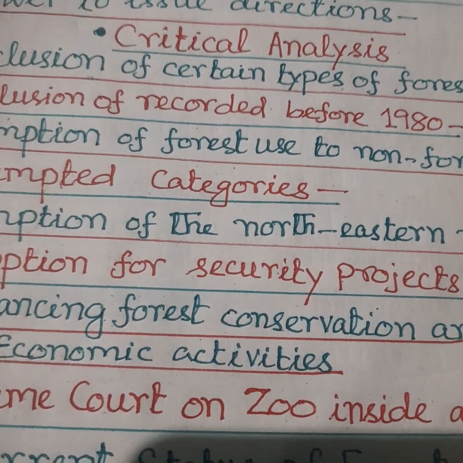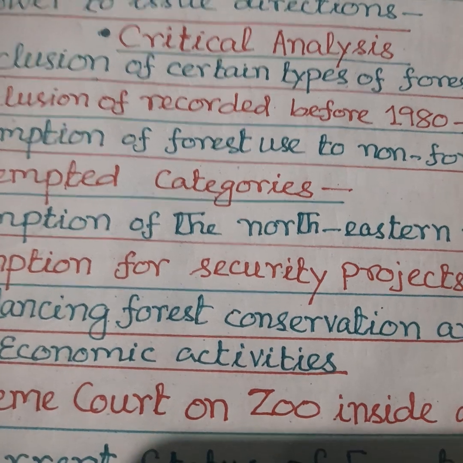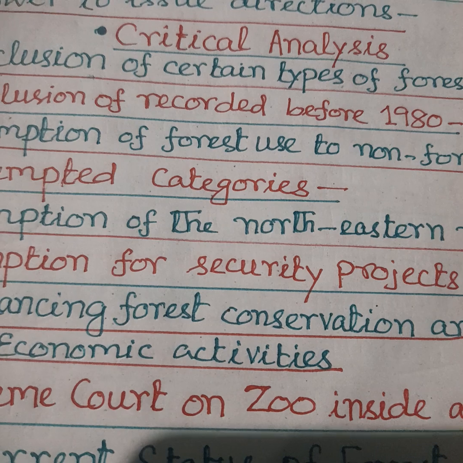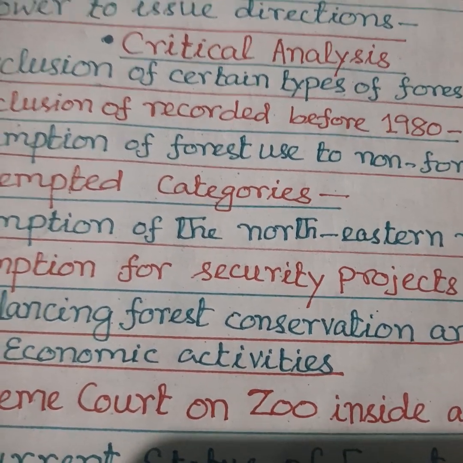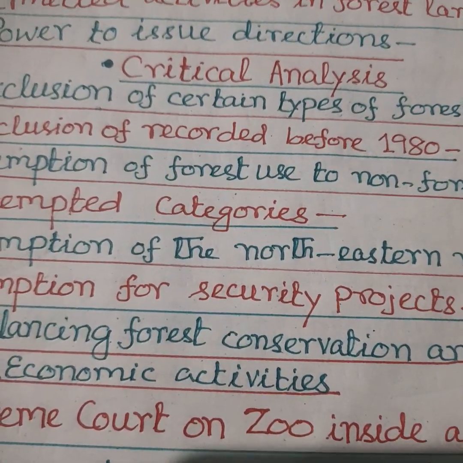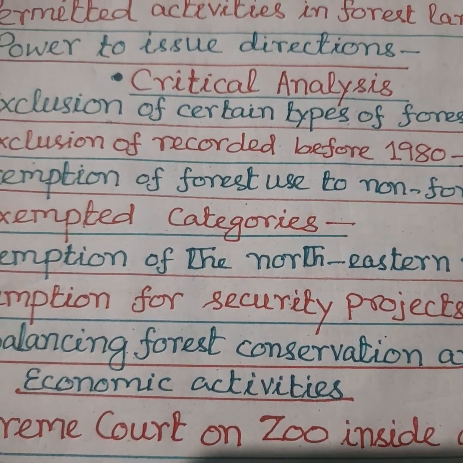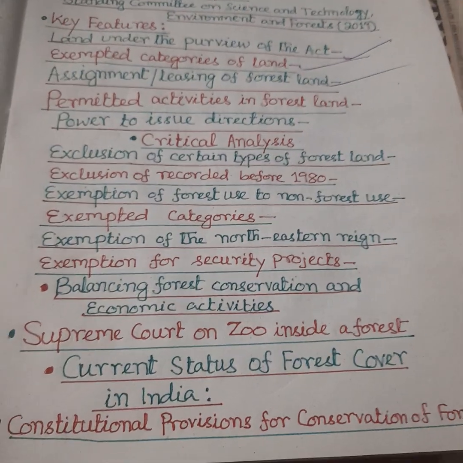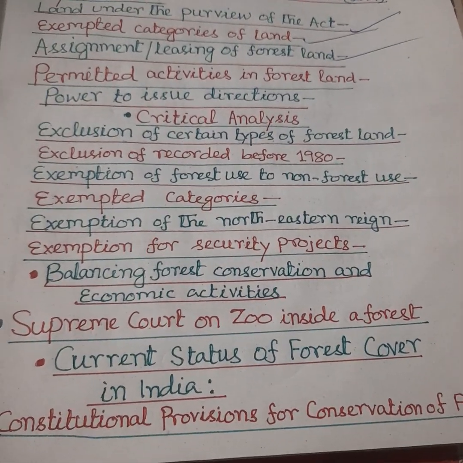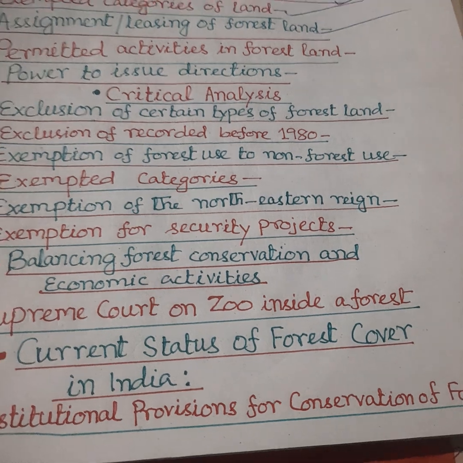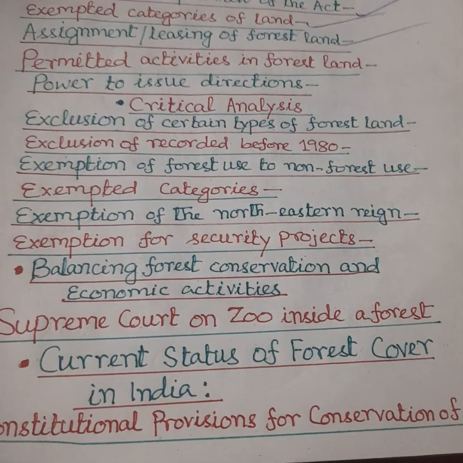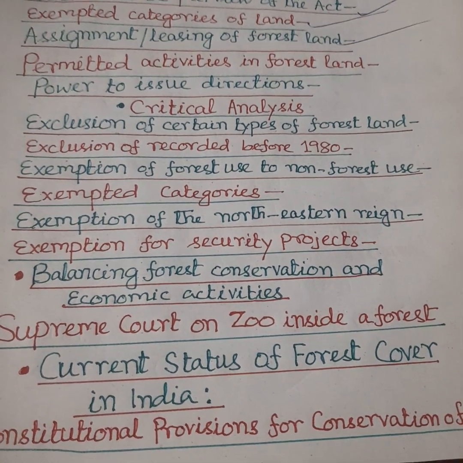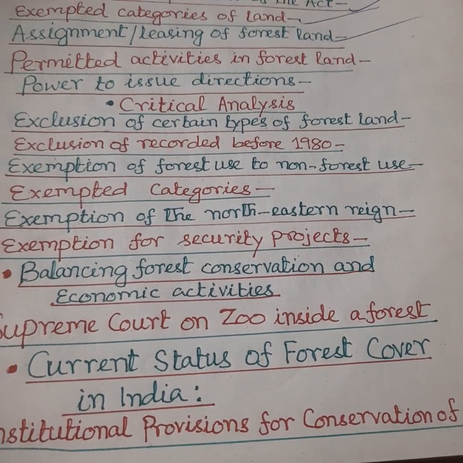However, such projects get delayed due to various reasons. Further, giving a blanket exemption for all security related projects may not be appropriate given the impact it may have on forest cover and biodiversity. So, we have discussed almost all the important changes made under the Forest Conservation Amendment Act 2023 in comparison to the Forest Conservation Act 1980.